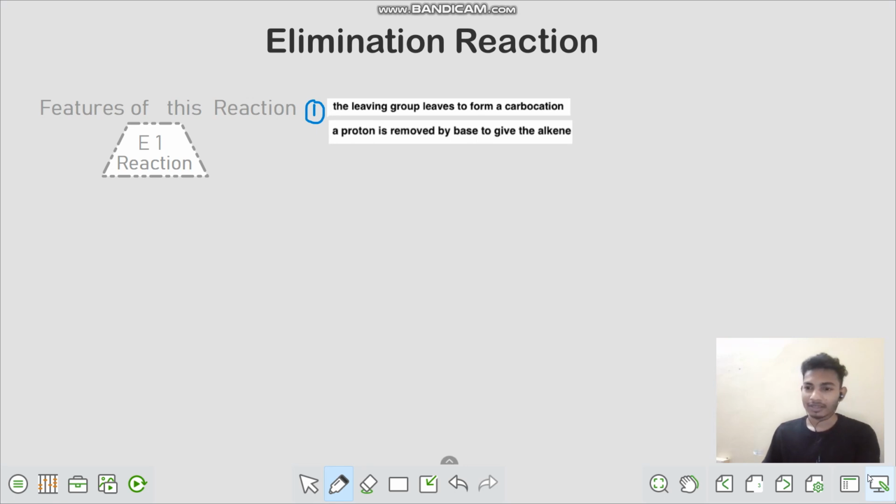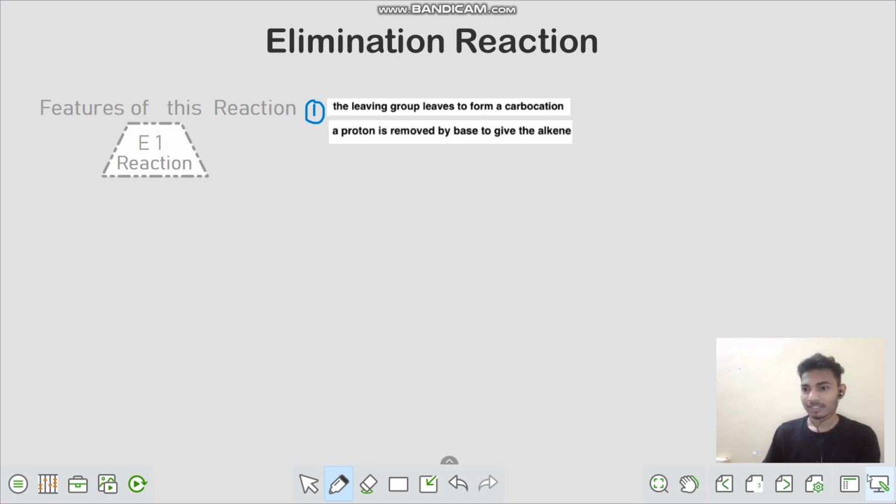In the second step, the base may be stronger or weaker, and in the first step, the leaving group can be weaker or stronger. It gives different types of mechanisms.